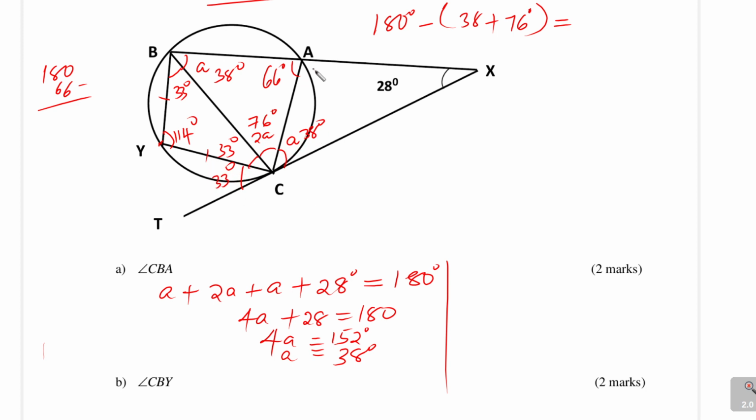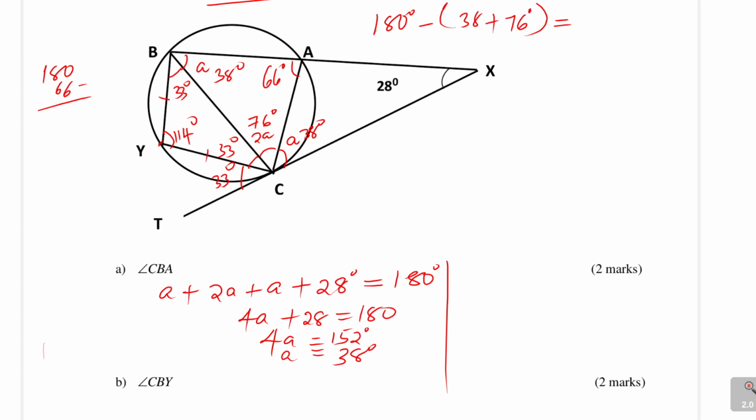The other angle that I can get here is this angle. This one is a triangle CAX. So we have 28 plus 38, and then the remaining angle here will be 114.